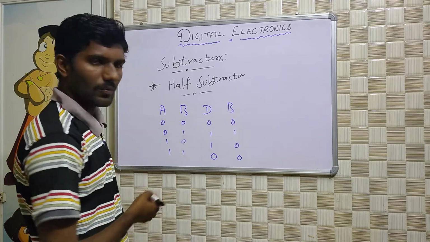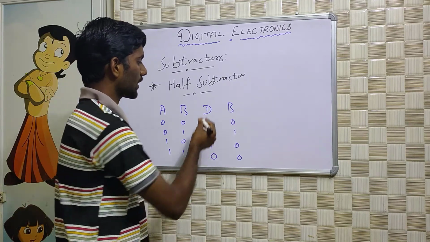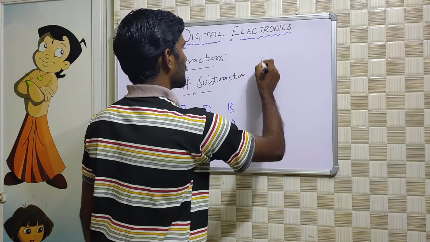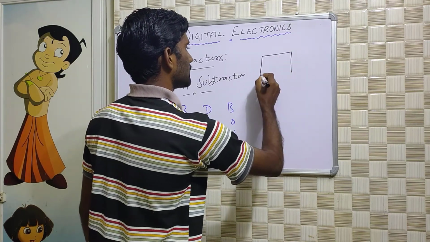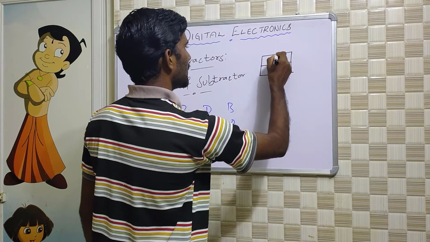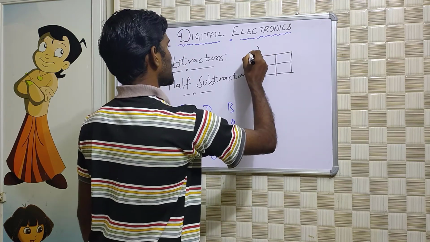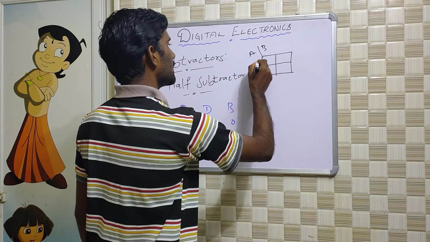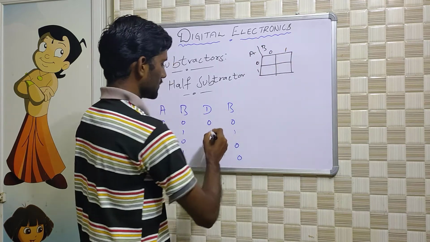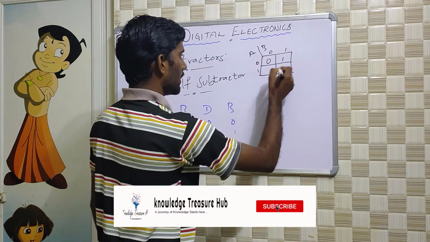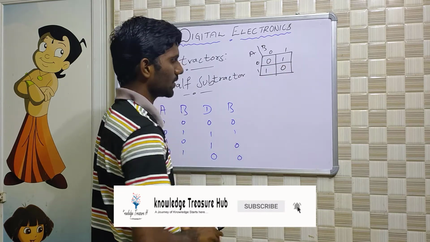We perform K-maps here also. The K-map for difference is a two-variable K-map, with A, B, 0, 1, 0, 1, and the entries 0, 1, 1, 0.